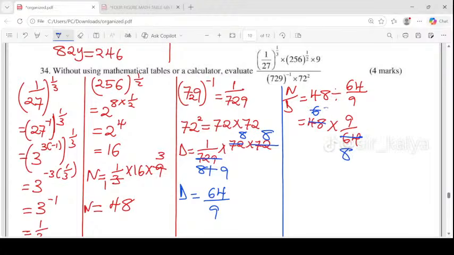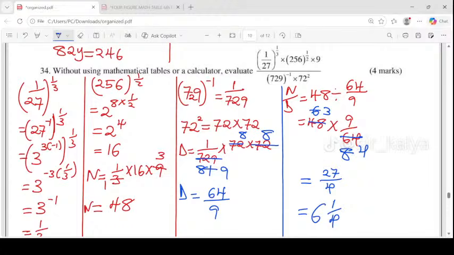So 3 times 9 is 27 over 4. This will become 6 and a quarter.